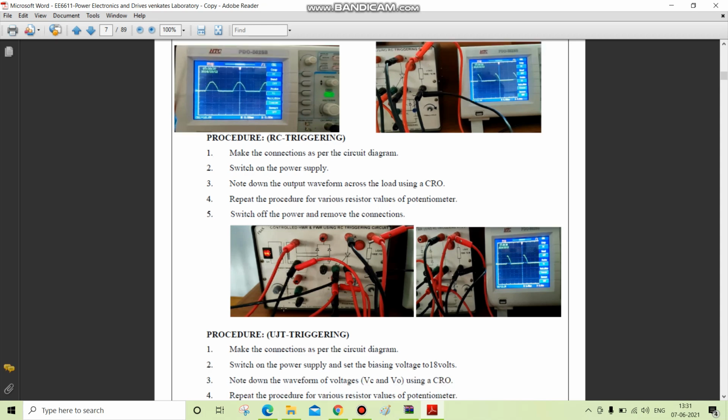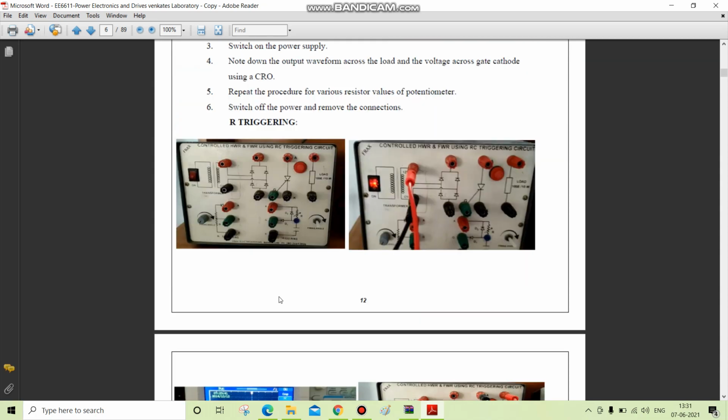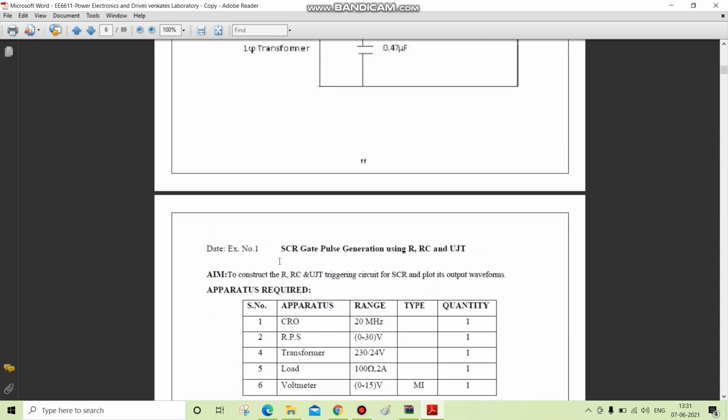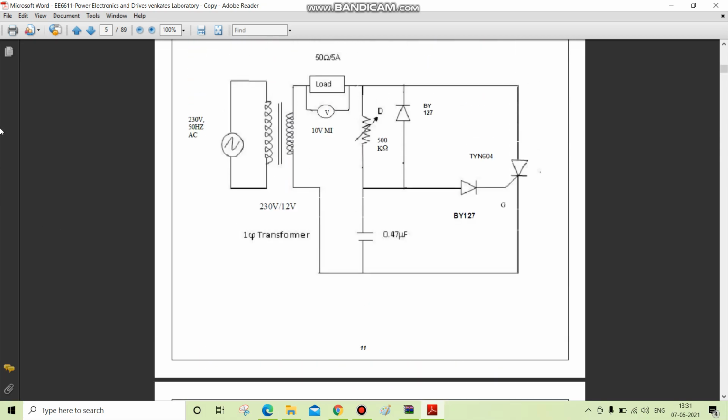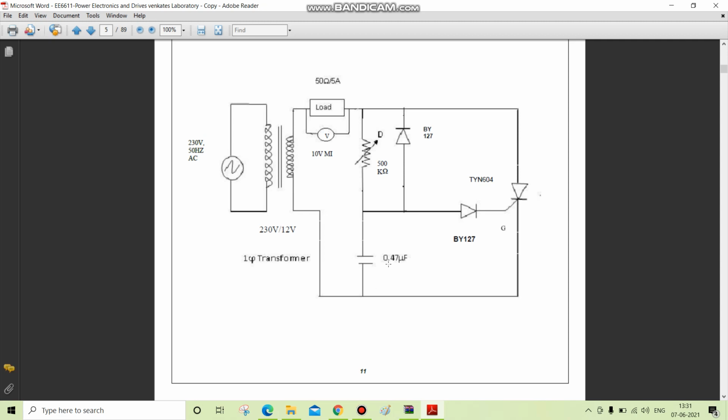In this resistance capacitance triggering circuit, the capacitor C is connected to shift the phase of the gate voltage. If we look at the circuit diagram, this is the capacitor. The circuit is connected to shift the phase of the gate voltage, and we use a diode. This diode is used to prevent the negative voltage from reaching the gate cathode of the SCR. We are using the SCR here.